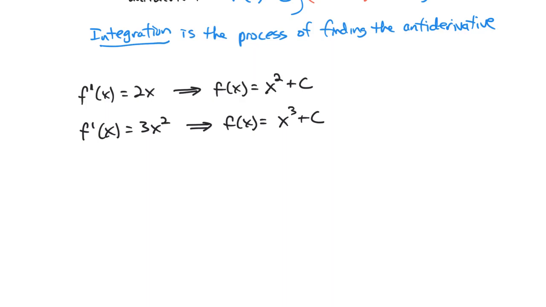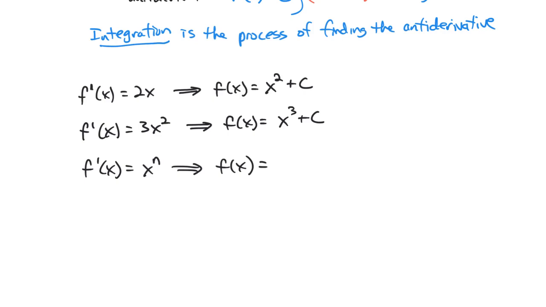So here is our first formula. See if we can come up with this. f prime of x equals x to the n implies that f of x equals, this is the power rule for integration.